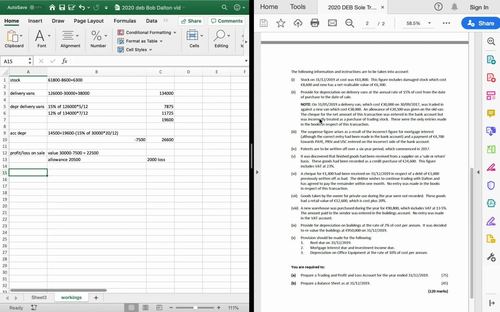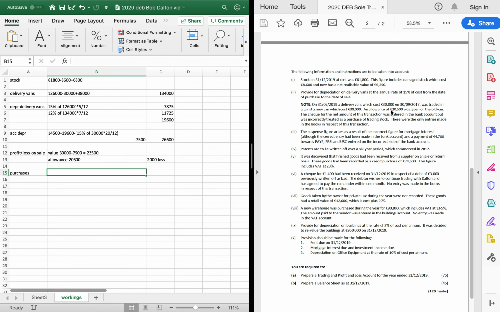So the last part is the check for the net amount included in purchases, which of course it shouldn't be. Basically everything we've done there is what you should have done. So the check for the net amount is the new van minus the allowance. So the new van's 38,000. The allowance is 20,500. So that's 17,500 that needs to get taken out of purchases.